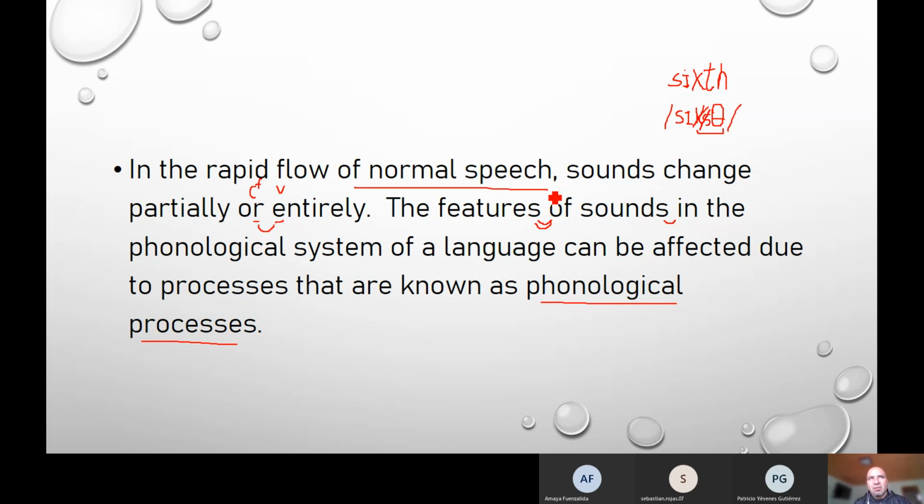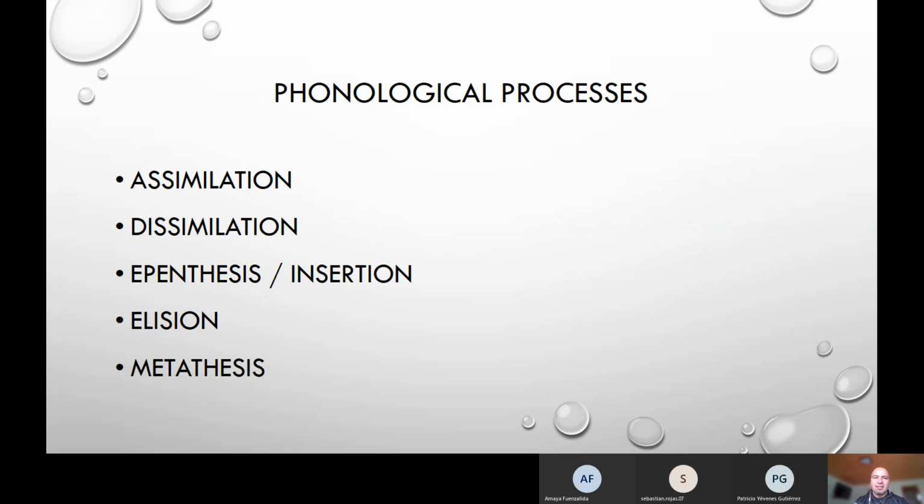So if you want to sound more native-like, or improve your listening skills, we need to pay attention to these phonological processes.